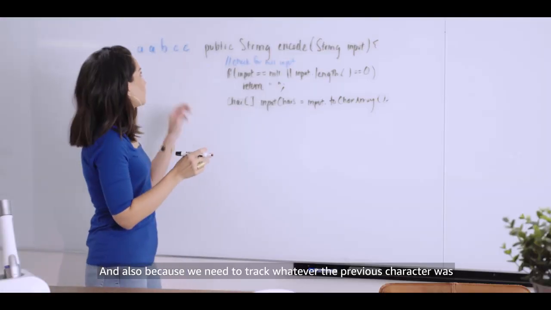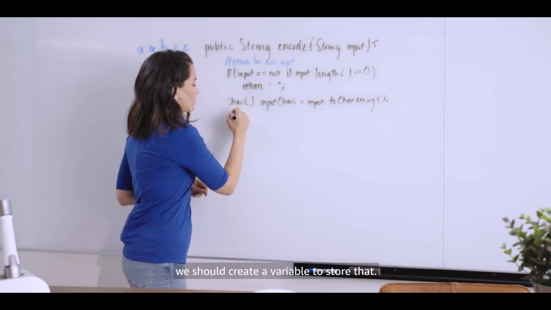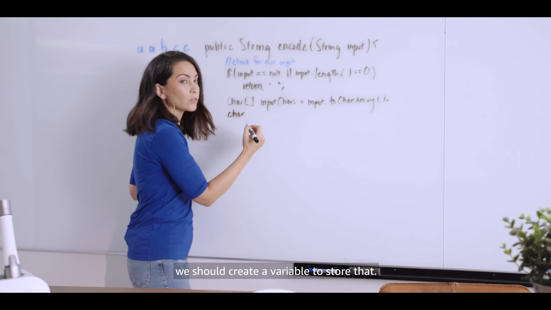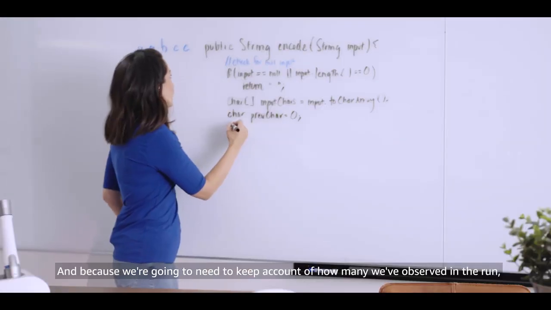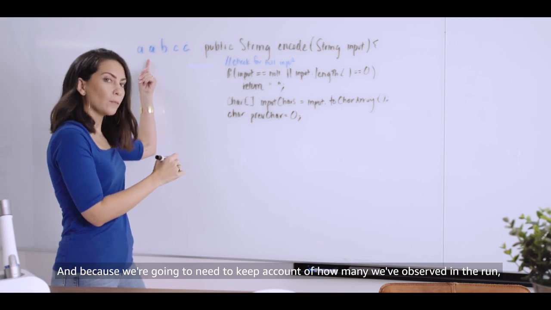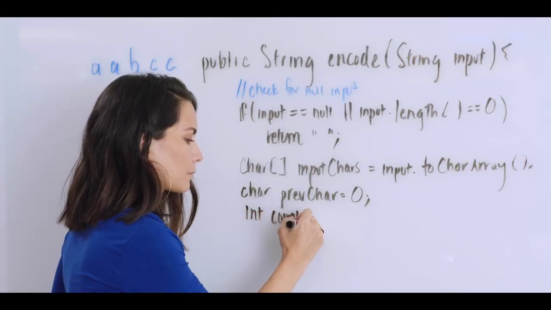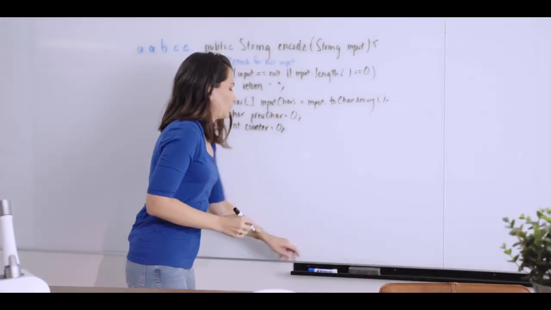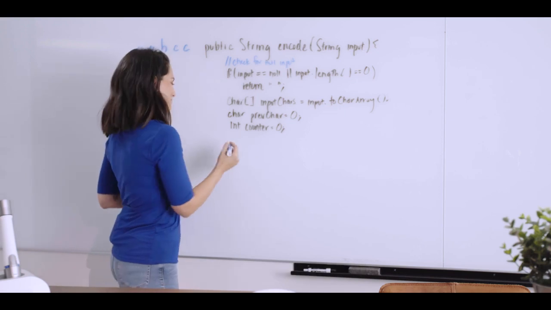And also, because we need to track whatever the previous character was, we should create a variable to store that. And because we're going to need to keep a count of how many we've observed in the run, we need a counter. So now, let's get into the algorithm.